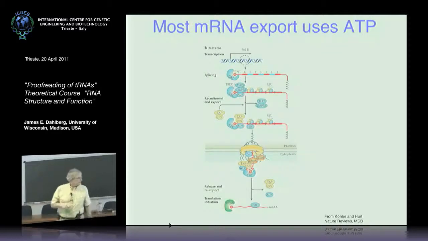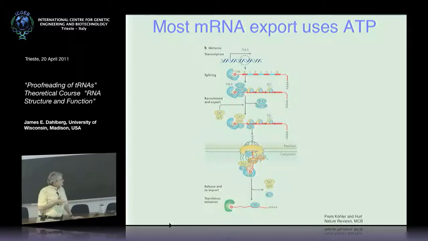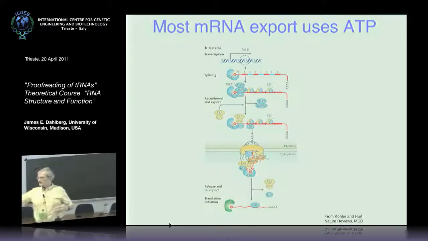And this is a schematic view from Ed Hurt's lab that shows that here we have a messenger RNA that's being spliced in the nucleus, and during splicing events, as you've heard, some proteins are deposited at the exon-exon junction, the new one that's formed during splicing, and this is called the EJC, which Lynne Maquat studied and discovered and showed very nicely that this plays a very important role, which I guess you'll be talking about this afternoon.